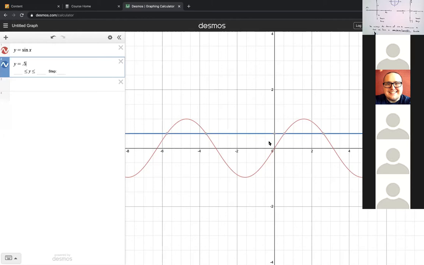I was hoping to put a slider in, but it wasn't cooperating. So if I draw in a line at y equals a half, a horizontal line, then we're of course going to cross the graph multiple times. So what we need to do is restrict the domain, the things that we're plugging in to our original function.